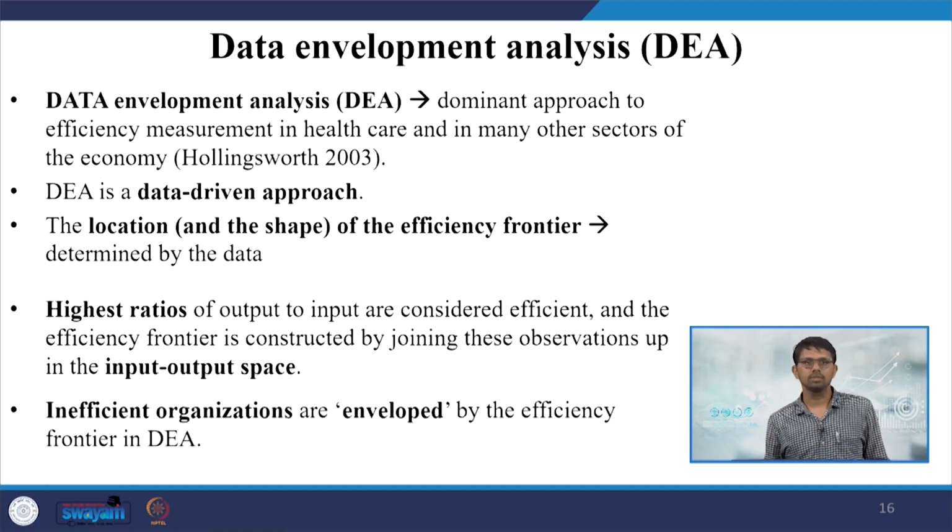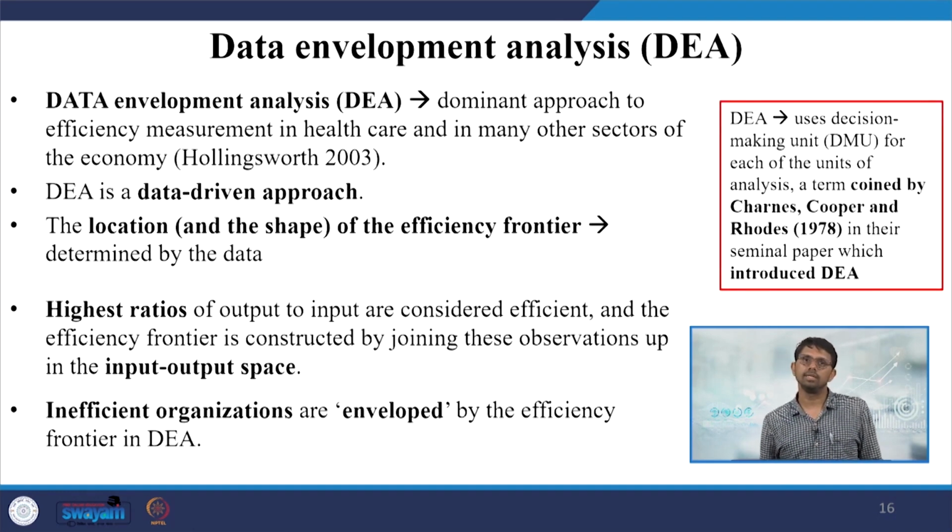Inefficient organizations are usually enveloped by the efficiency frontier in DEA. So, whichever organizations or categories are inefficient are enveloped together to derive results. Hence, how far they deviate from the frontier can clearly be observed.